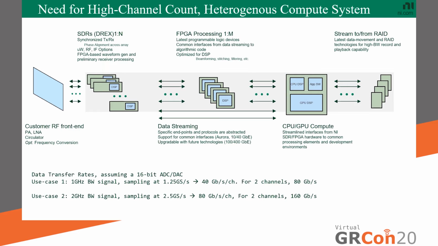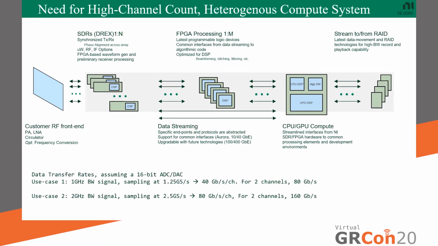So at National Instruments, we are working actively on researching how we can put together a high channel count SDR system along with heterogeneous compute systems that combine CPUs, GPUs, and FPGAs, with streaming data from the SDR to the CPUs for doing this kind of processing. And I put together just two use cases. I'll focus on the second one.